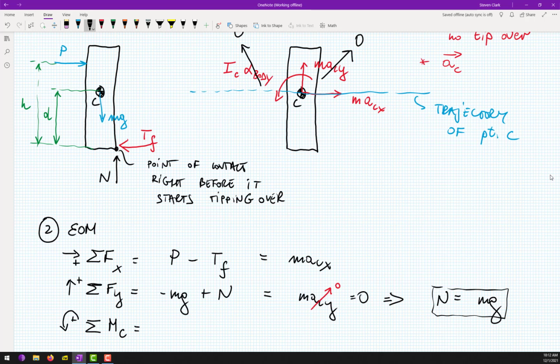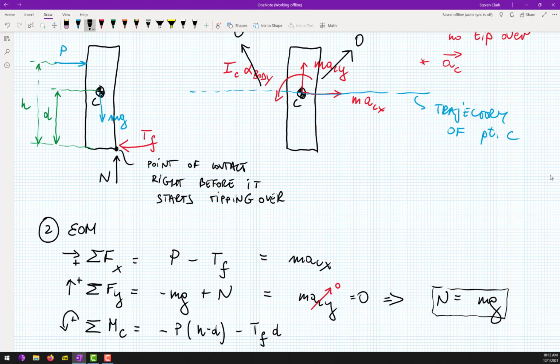Negative fashion, yes? So minus P, H minus D, right? Now TF rotates in the negative direction as well. So we have minus TF, D. And N rotates in a positive direction.